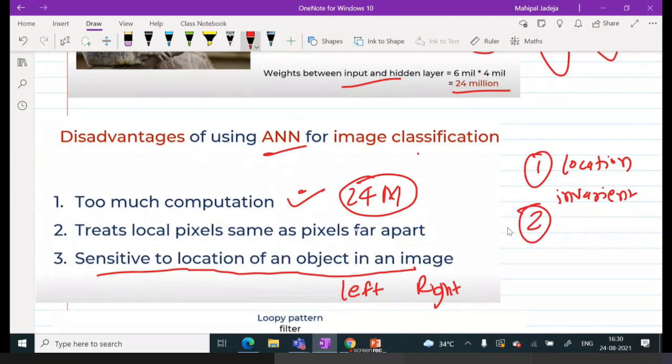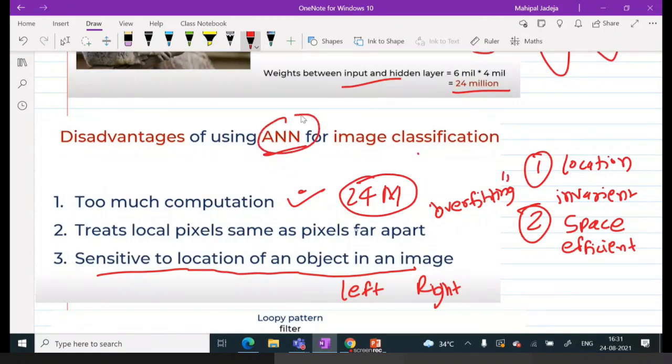Second, we need a space efficient solution, as well as time efficient, because to save 24 million parameters too much space is required, and computation power is also required to update these weights. So we want a space efficient as well as location invariant solution. Apart from this, we are also interested in eliminating overfitting.